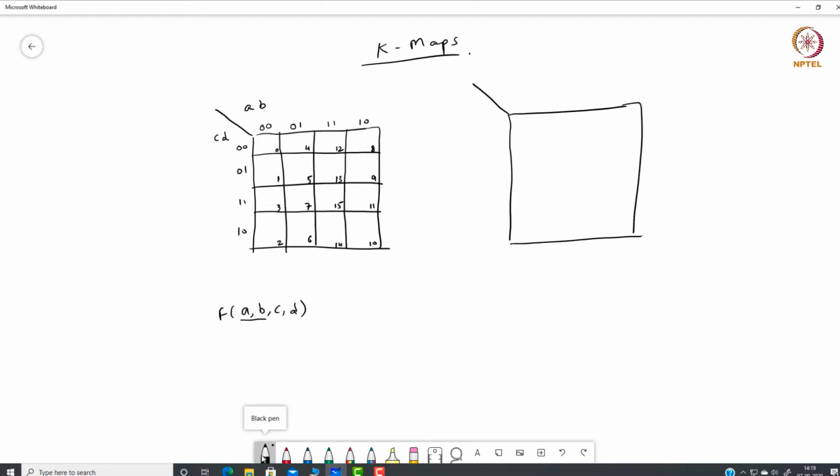Sometimes this K-map can also be drawn by changing the sides; we can take the transpose of this K-map. We can say that A and B, which are more significant, lie on the side, and C and D, which are less significant, on the top.